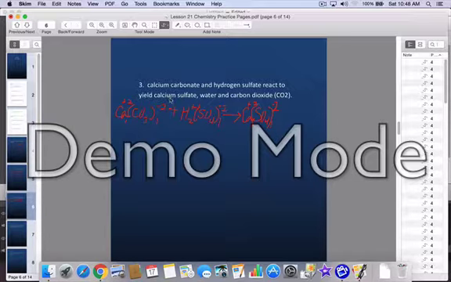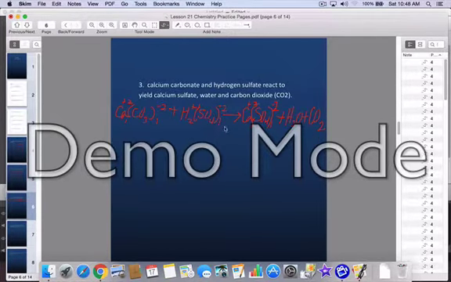Okay, so we're listing now the products. Yields calcium sulfate, comma, water. So we're going to do plus water, which is H2O. And means plus again. Carbon dioxide, which we said was CO2. Okay, so we have calcium carbonate and hydrogen sulfate reacts to yield calcium sulfate and water and carbon dioxide.